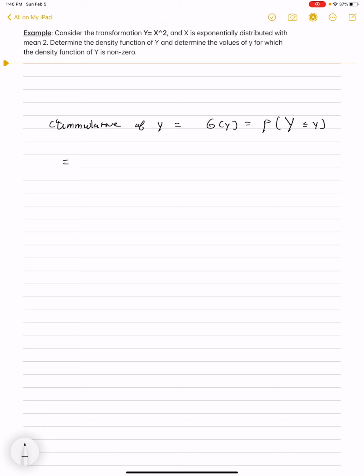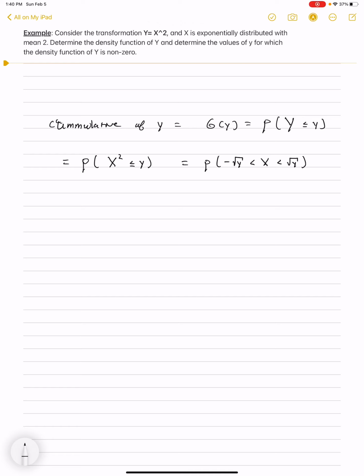We can replace the random variable y with its transformation, x squared, being less than or equal to y. And as we saw last time, this will be the probability of minus root y being less than x and being less than the square root of positive y.